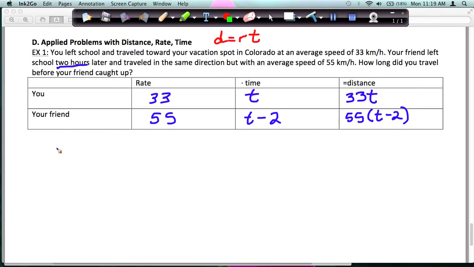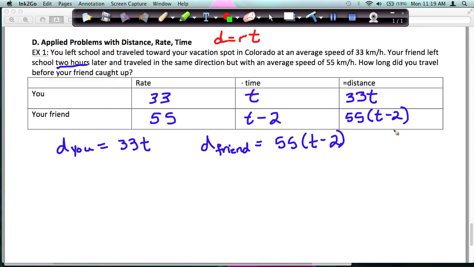So I just like to write these two equations down below. This is my distance and this is my friend's distance. I'm going to say d and then a u for you or me, and it is 33t. And then the distance for my friend is 55 times t minus 2.